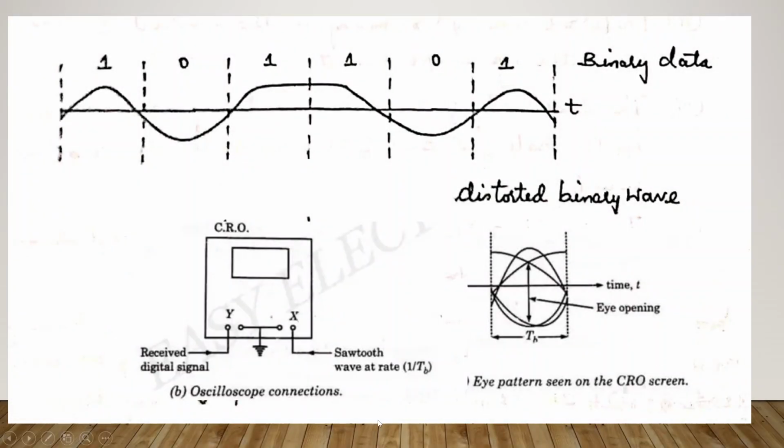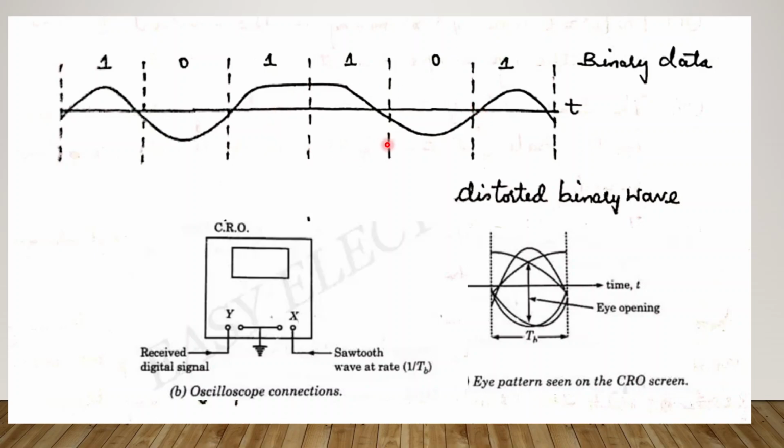Now, here these ones and zeros show the distorted binary waveform. So, 1 got distorted like this, and 0 got distorted like this, and this one got distorted and it is dispersed into the second pulse, and this 0 is distorted like this.